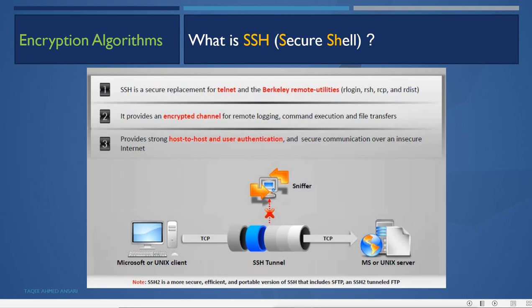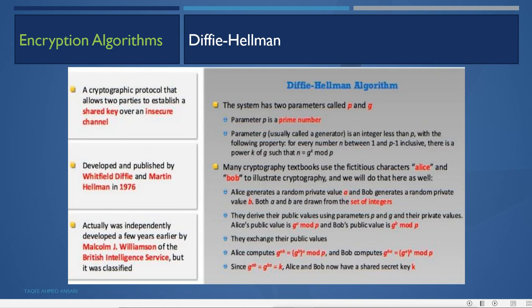Then we have Diffie-Hellman. This system has two parameters called P and G. It is a cryptographic protocol that allows two parties to establish a shared key over an insecure channel, developed and published by Whitfield Diffie and Martin Hellman in 1976.